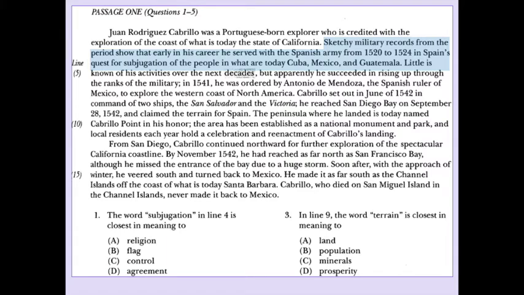Okay, so now we know how the word is used. Spain wanted subjugation of the people in Cuba, Mexico, and Guatemala.